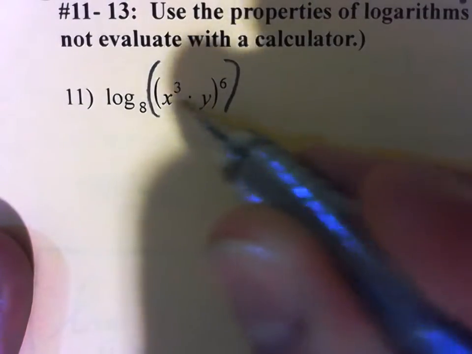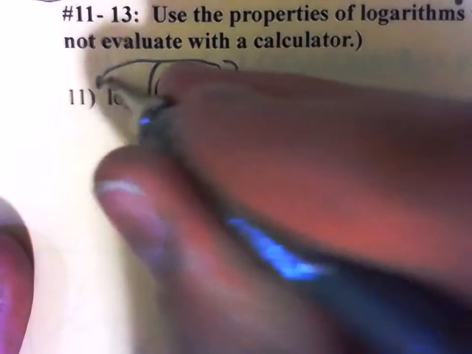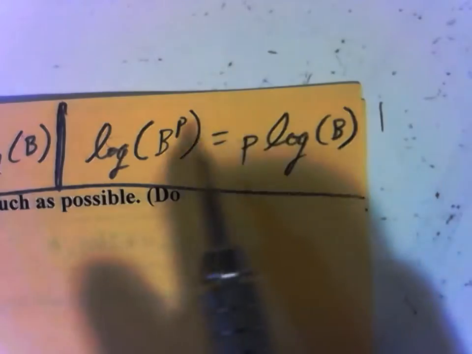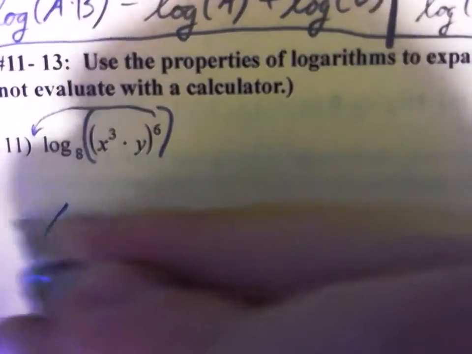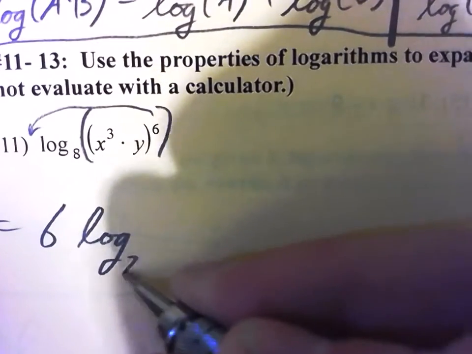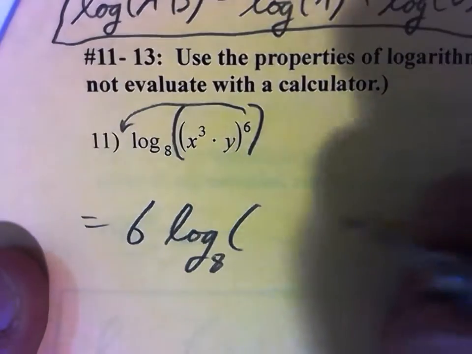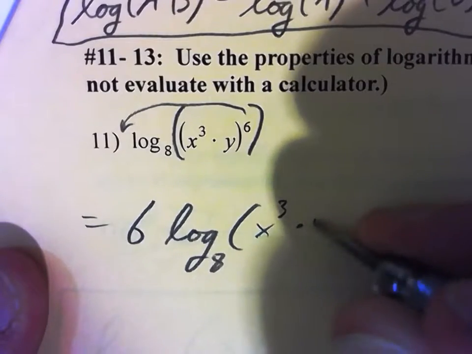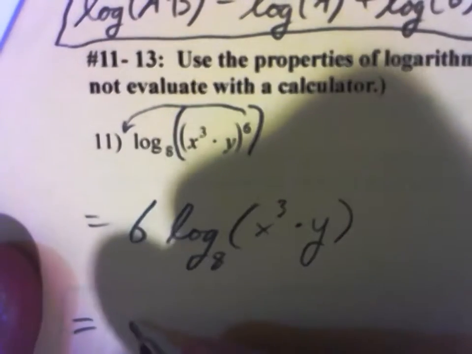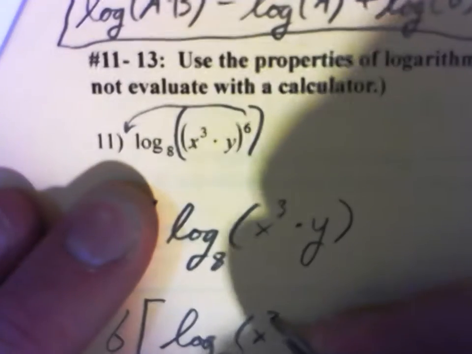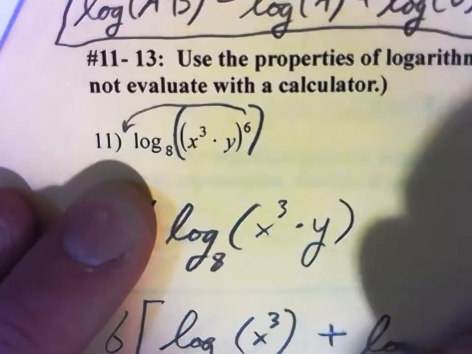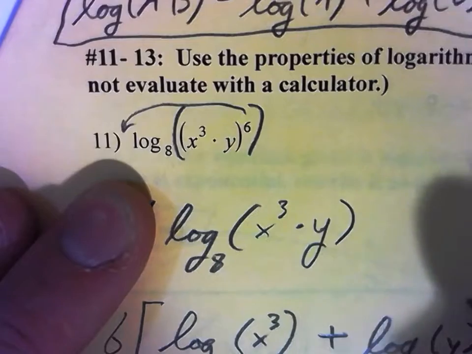Okay, power of stuff. The power will go there. That's the power property. Then this log can become 2 logs because this times that, so log of this plus log of that.